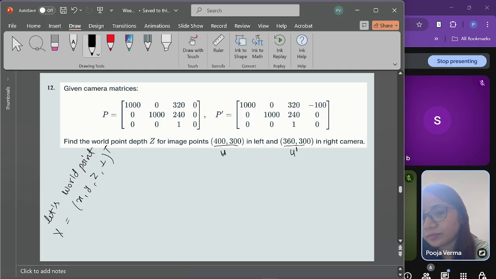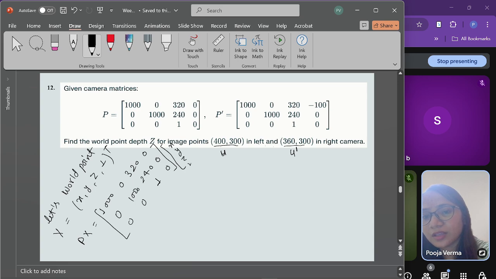Again from the projection matrix, we know that Px equals the 2D image point. X we have assumed, and P is given here: 1000, 0, 320, 0; 0, 1000, 240, 0; 0, 0, 1, 0, multiplied by X, Y, Z, 1.